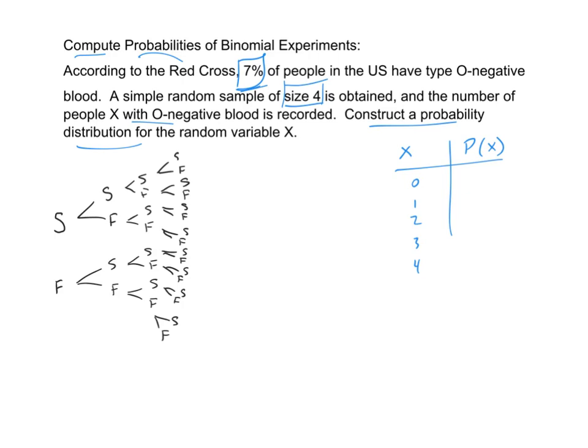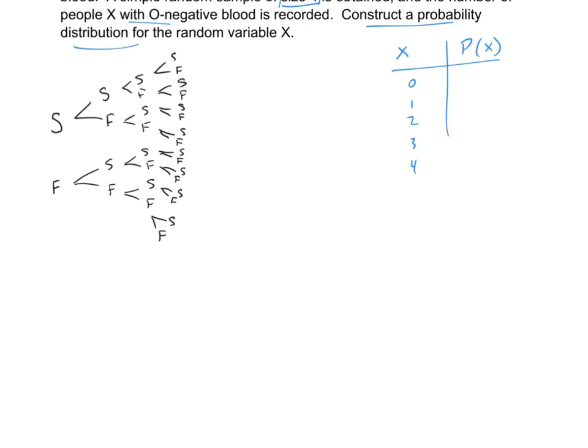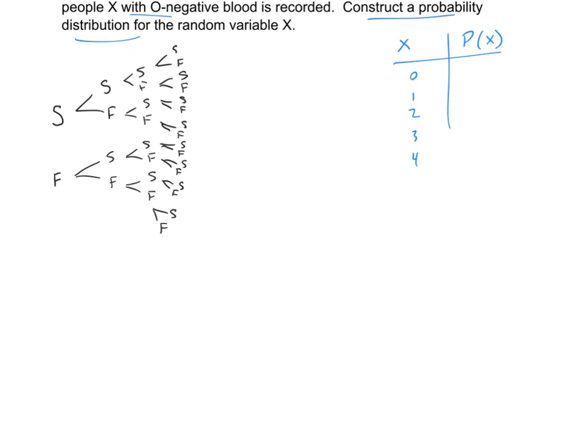All right, and that's actually the first probability that we're going to compute. So let me go down here a little bit so I can draw this out. All right, so the probability that X is equal to 4, that our random variable is equal to 4, the probability that all 4 people in the group have O negative blood is the same as the probability of having 4 S's. That's not very technical notation there, but that's okay.